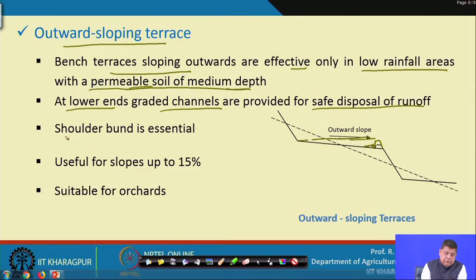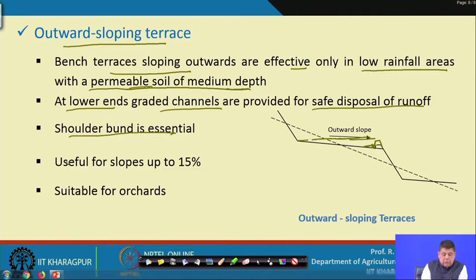And of course, the shoulder bund is essential, because if the shoulder bund is not there, because of the slope in this direction, the flow velocity will be much higher, and if water is allowed to fall, it will cause severe erosion in the lower branches or in the riser itself. So, that is why the shoulder bund is very essential in this case.